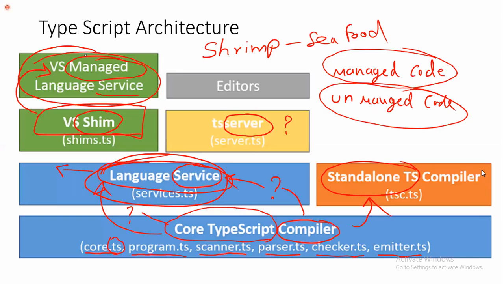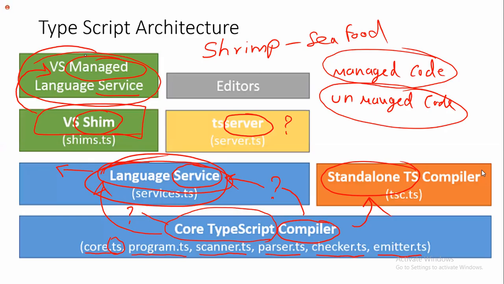I hope everyone understood that. The language service was previously for TypeScript, and now the managed language service is for both TypeScript and JavaScript. That means the managed language service contains the library understandable for both JavaScript and TypeScript. Simple. Is there anything complex?